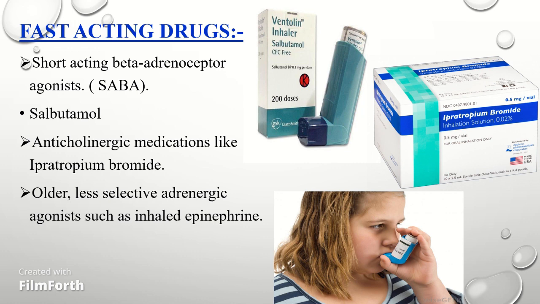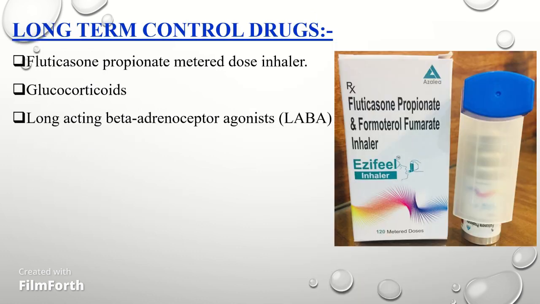Now, let's talk about long-term control drugs. Long-term control medications are taken daily on a long-term basis to achieve and maintain control of persistent asthma. They provide long-term prevention of symptoms, keep inflammation down, and reduce the need for quick relief medications.